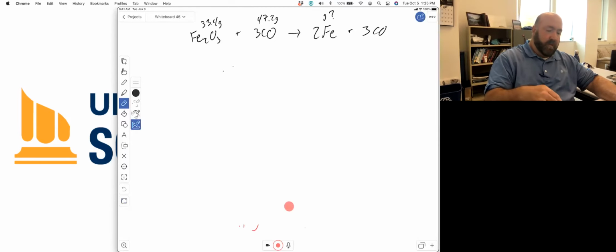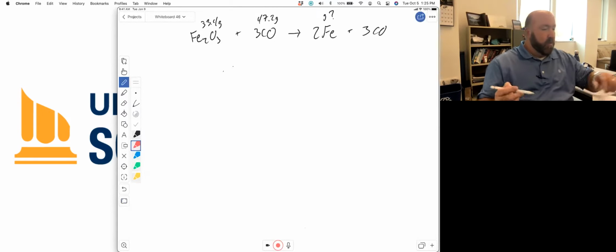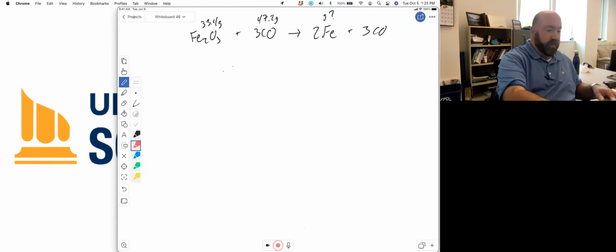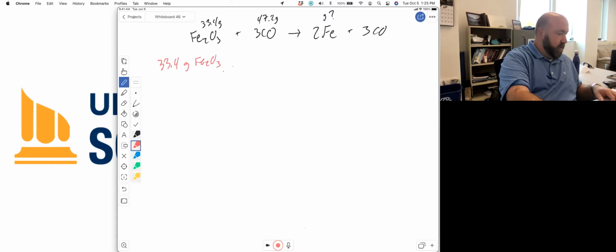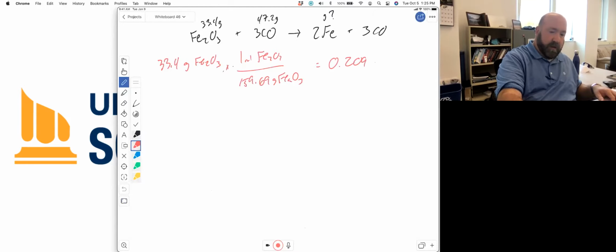Okay, so in this mole ratio method, we're first going to convert our given amounts over to moles. We have our 33.4 grams of Fe2O3, so we're starting with 0.209 moles of our iron 3 oxide.